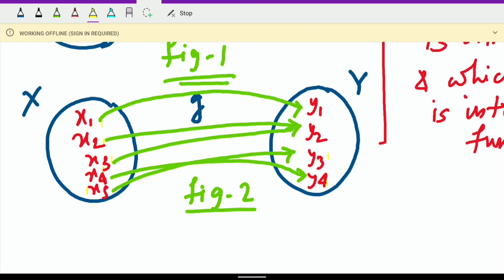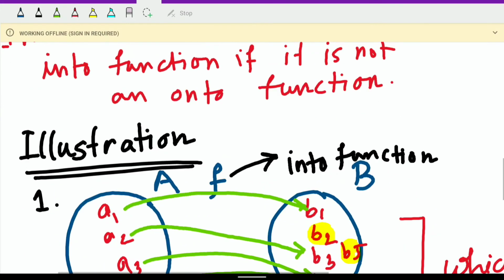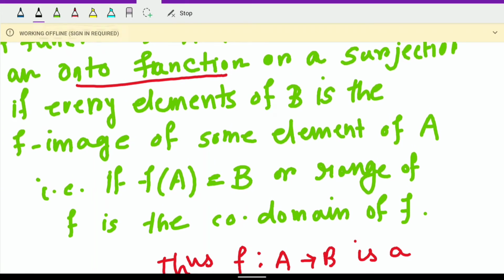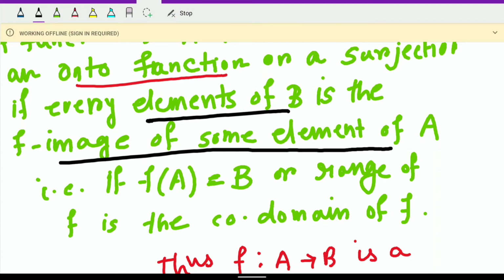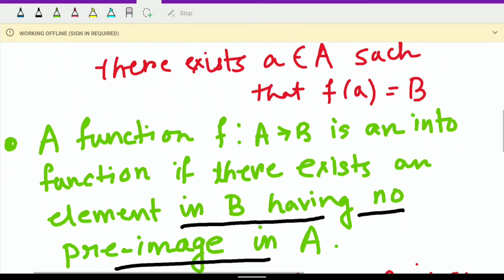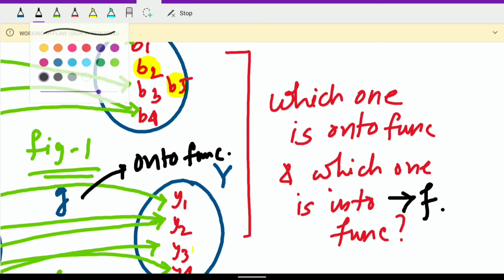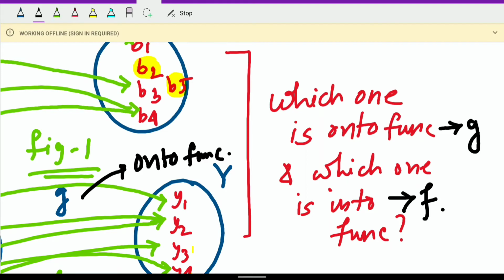So under function g, every element in Y, that is y1, y2, y3, y4, has its pre-image in X. So g is onto function, because from our definition we already know that every element of B is the f image of some element of A, right? So our answer is g.